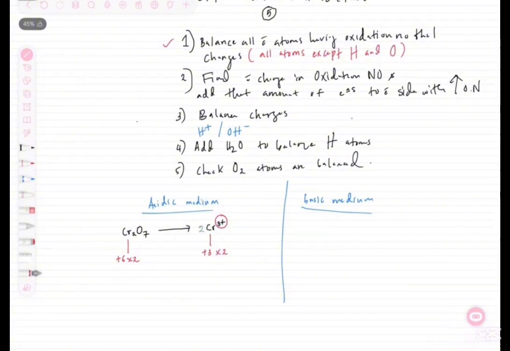To balance this, we have to find the change in the oxidation number. What's the change in the oxidation number? It is 6. Therefore, we have to add that many electrons to the side with the higher oxidation number. This is the side with the high oxidation number, here +12 and here +6. So I'm going to add 6 electrons to the side with the high oxidation number. Now balance the charges. According to the medium, we are going to add H+ or OH-.